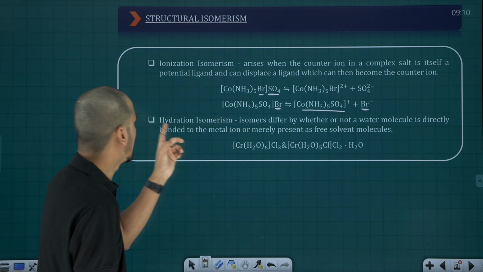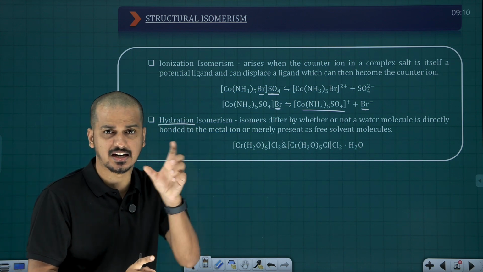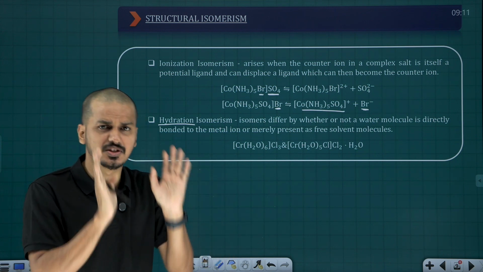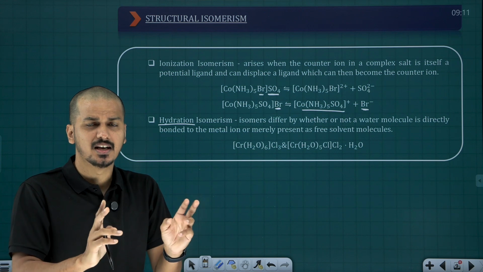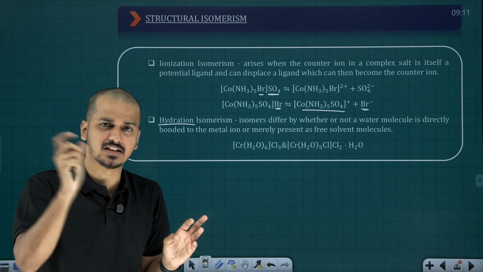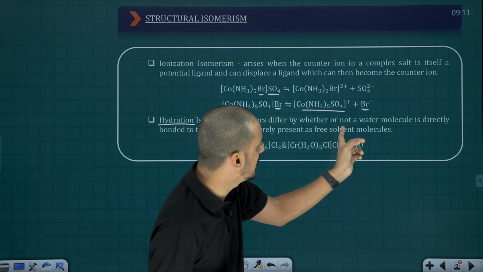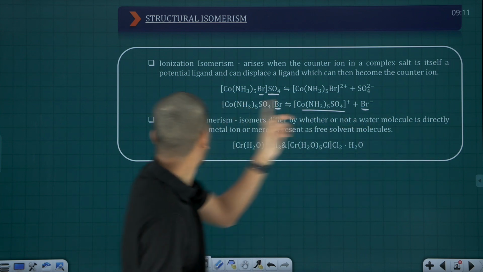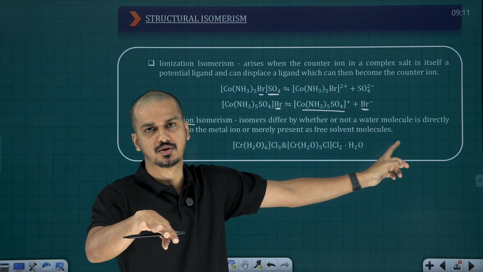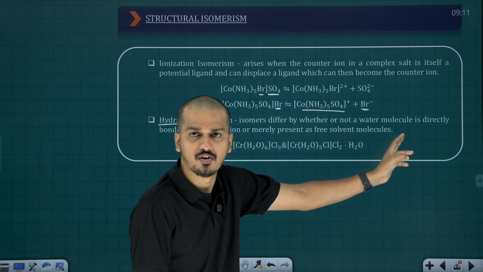Next one, hydration isomerism. The name itself, hydration, means water molecule. In this isomerism, the isomers have the same molecular formula but the number of water molecules present as ligand, as opposed to hydrate, meaning hydrogen-bonded water, will be different. Isomers differ by whether or not a water molecule is directly bonded to the metal ion or merely present as a free solvent molecule, which may be hydrogen bonded or in the lattice.